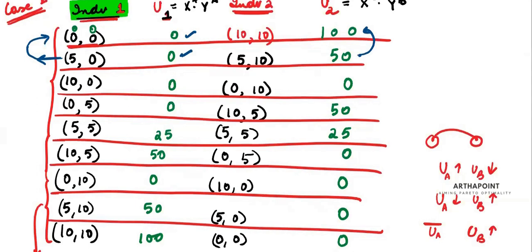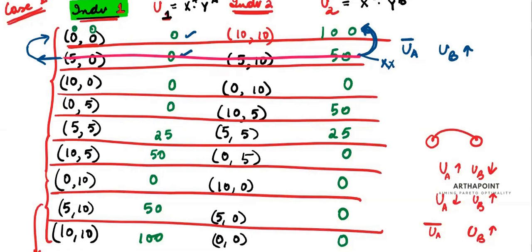So from this point to this point, utility of A is constant. Utility of B is increasing. This point definitely is not an efficient point. It's not efficient. So we can cancel out this point. Sorry. We can say that this is not efficient.